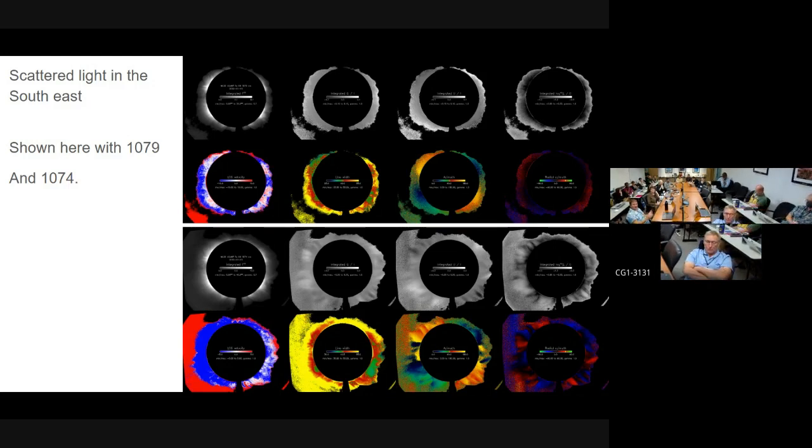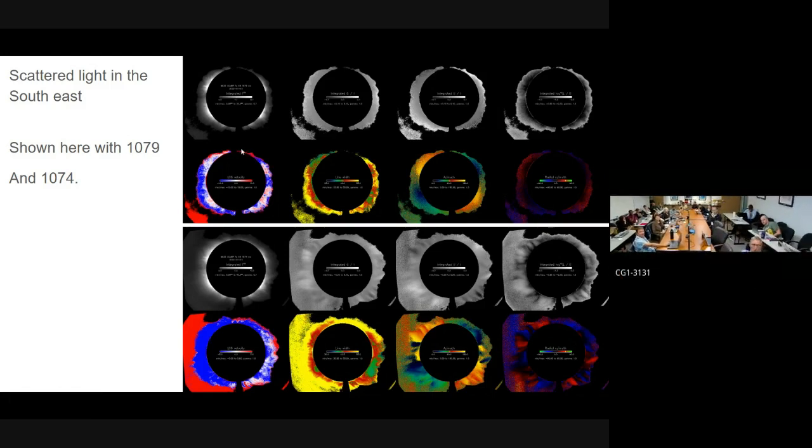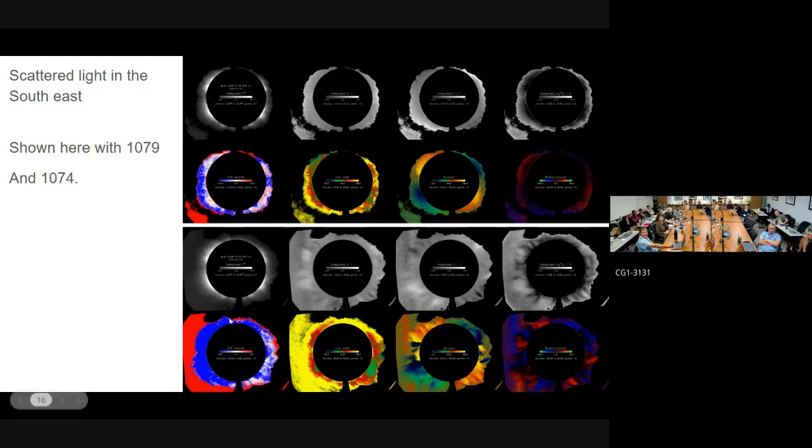That's probably a good place to mask, even if you're just trying to produce a velocity mask. We can see it's extra bad in the 1074, but 1079 up here also shows that same scattered light in the southeast.